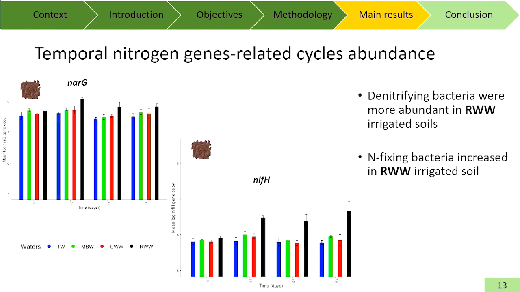Then for narG and nifH, we found the same results, where an increase in the concentration of denitrifying bacteria and N-fixing bacteria was observed for raw wastewater irrigated soil.